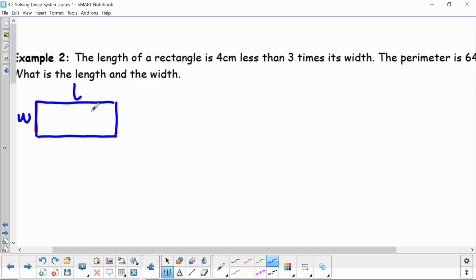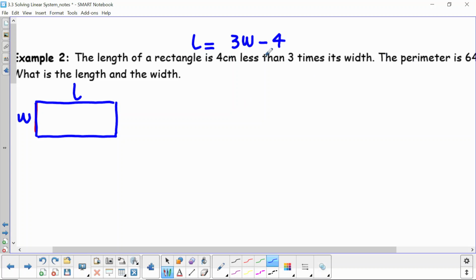Okay, and the length of the rectangle is, so length is, we are going to translate this sentence into a sentence in mathematics. It will be an equation. So length is L, is 4 less. 4 less means minus 4. Less means subtract. 3 times width, multiplication.